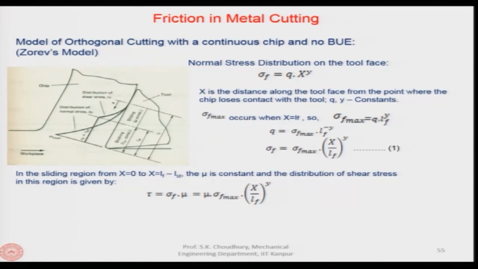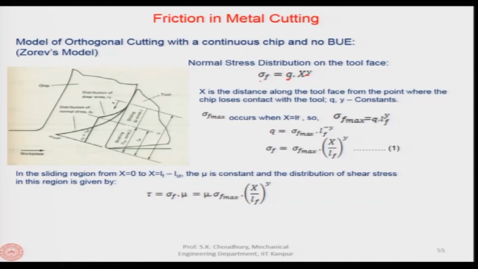So, overall the distribution of the normal stress and the distribution of the shear stress will be as shown in the diagram. Now, x is the distance, as I said, along the tool face from the point where the chip loses contact with the tool, and q and y are constants.